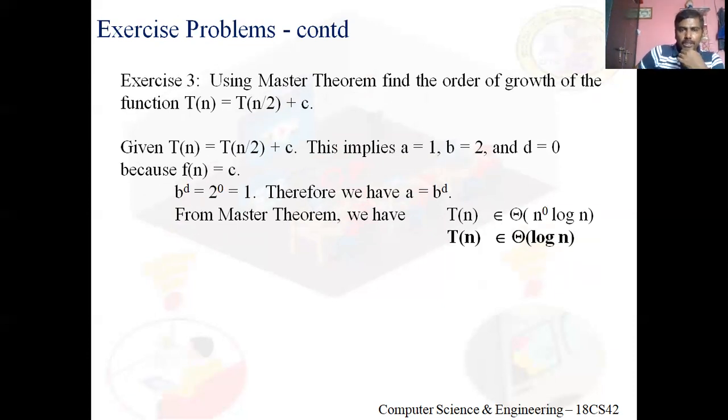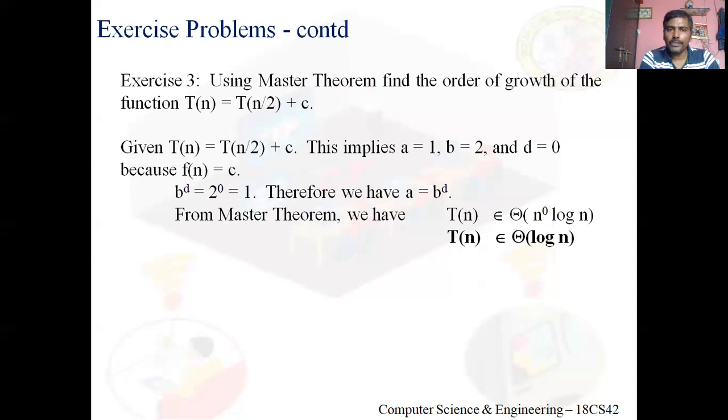Using master theorem, find the order of growth of the function T of n equals T of n by 2 plus C. So T of n by 2 means it's nothing but 1 T of n by 2. When you compare this with the recurrence of generic divide and conquer, what you will find?